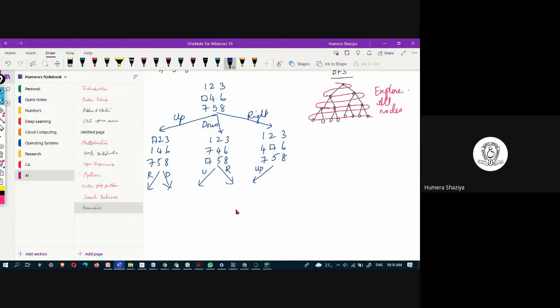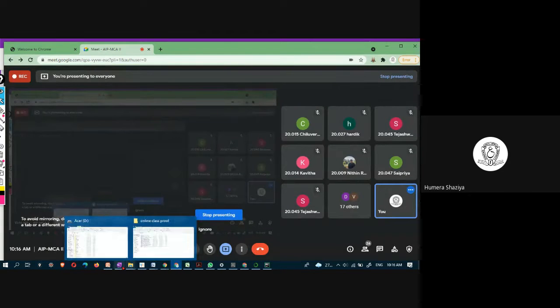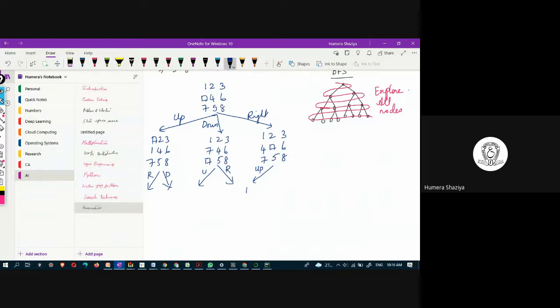When you take it up, it would be 1 empty 3, 4, 2, 6, 7, 5, 8.